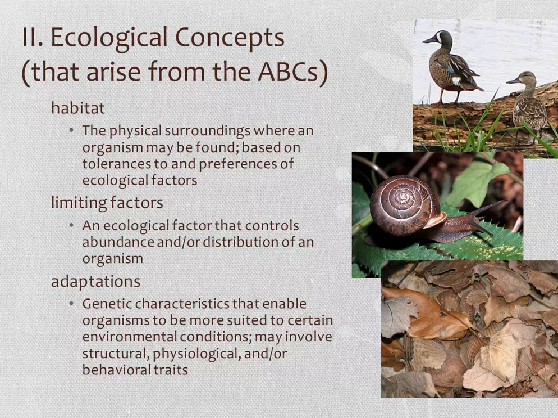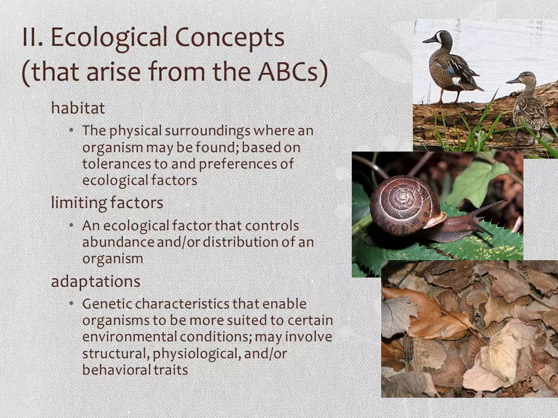In addition to those four factors, there are four ecological concepts that typically arise from the ecological ABCs. You've got habitat, which is the physical surroundings where an organism may be found. It's usually based on tolerances and preferences of those ecological factors. You have limiting factors, which are factors that control abundance and or distributions of organisms.